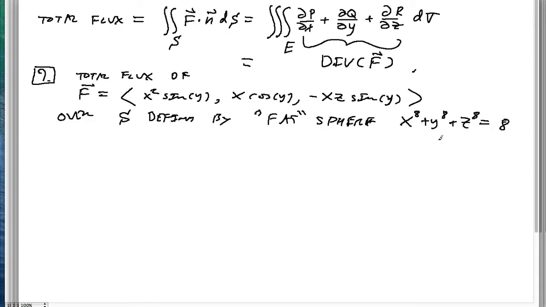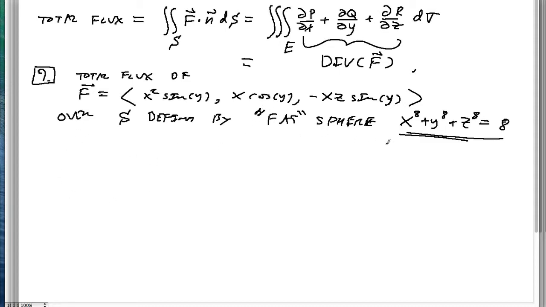So this shape looks kind of like a sphere. You think of it as a sphere because it's the sum of the x, y, and z components to some even power equal to some sort of radius, but to the 8th power rather than the 2nd power. So it's difficult to understand what the shape is, but it's certainly some sort of round object.